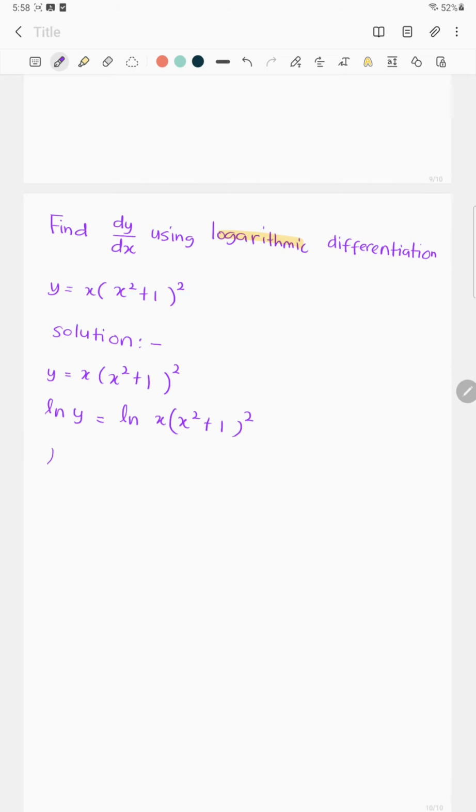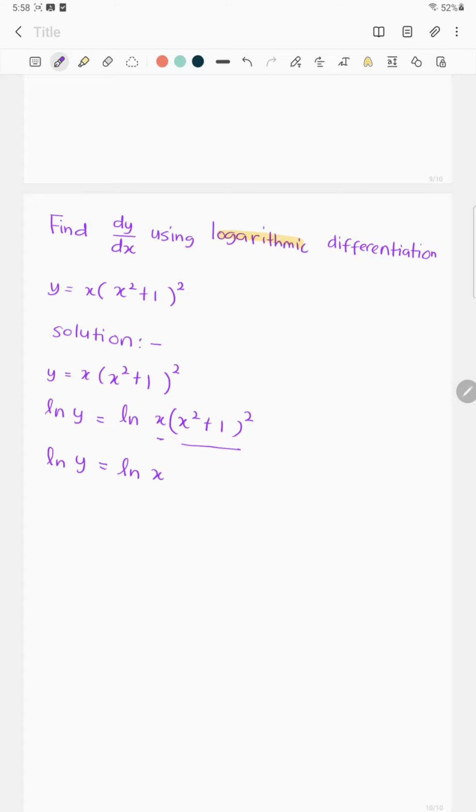Then from the properties of logarithm, we can separate x and this expression.